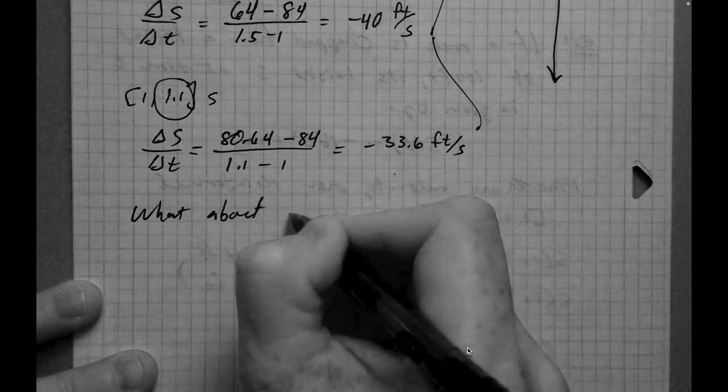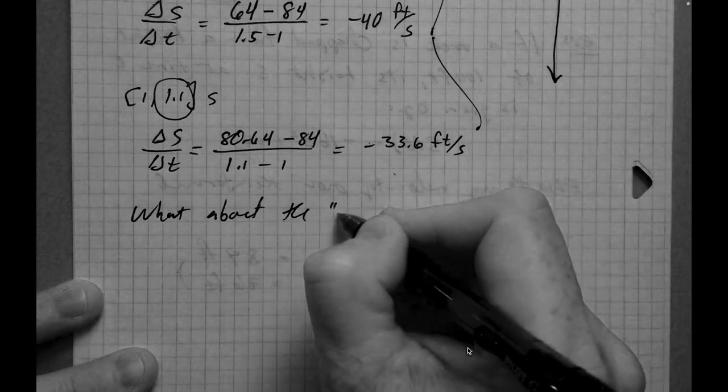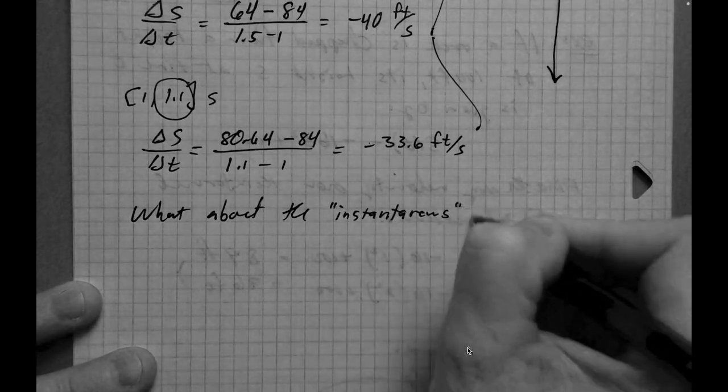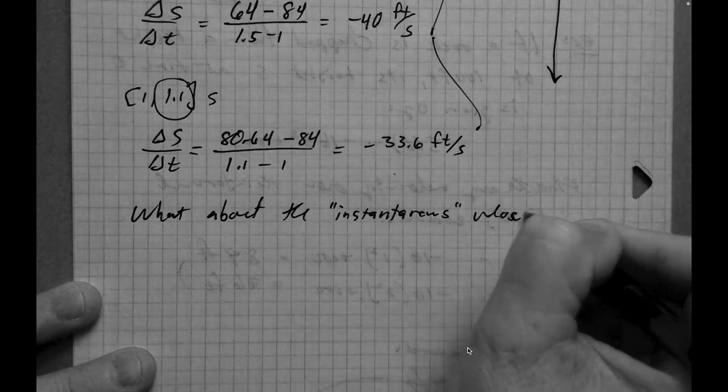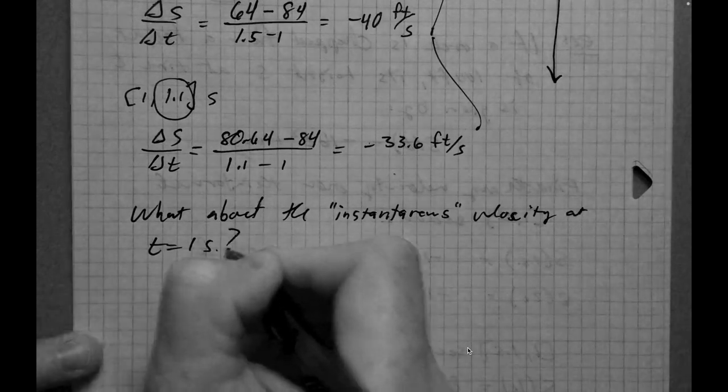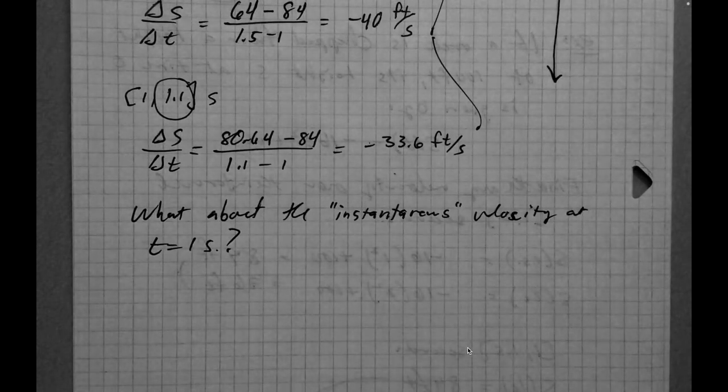What about the, and here I'm going to put this in quotes, the instantaneous velocity at t equals 1 second? Can we figure this out? Well, this sounds like the derivative, right?